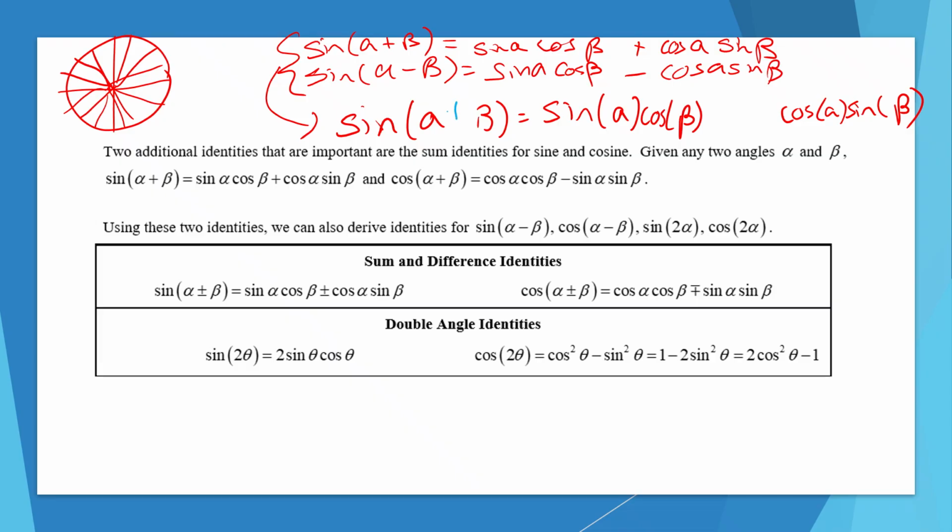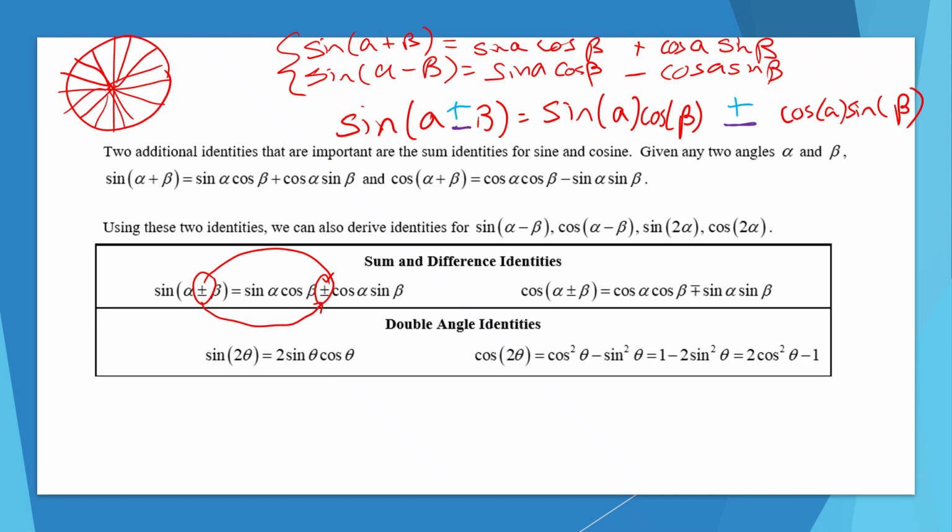If you are adding these two angles, then you're going to add those two terms together. And if you are subtracting those two angles, you're going to subtract those two terms there. That's the top two equations just simplified into a single one. And so when you see that plus or minus in the formula there, that's kind of where it comes from. If you do the top one, you're going to do that top operation. If you subtract the two angles, then you're going to subtract those two terms there, right?